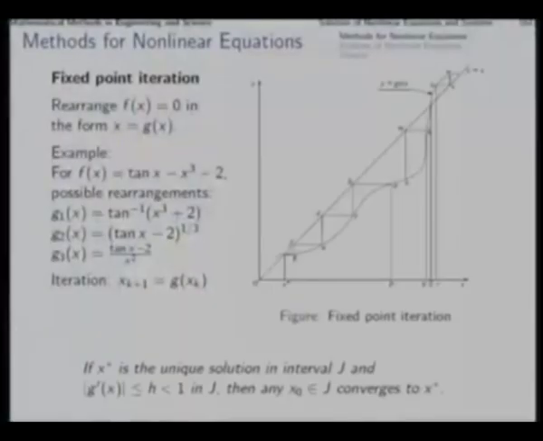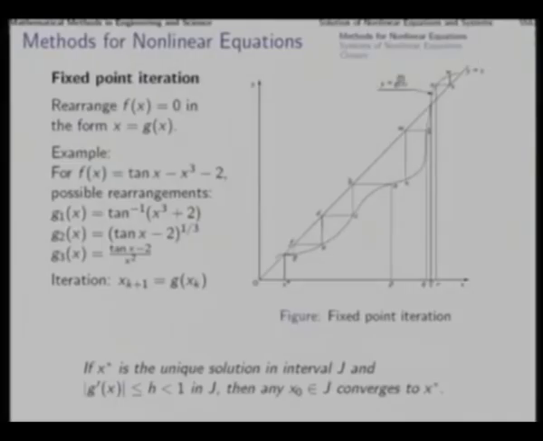There is a condition. To discover the condition, see the way this process will work. Suppose after organizing x equal to g x, we have got this curve as the graph of g x, so y equal to g x is this curve, and y equal to x is this 45-degree straight line.